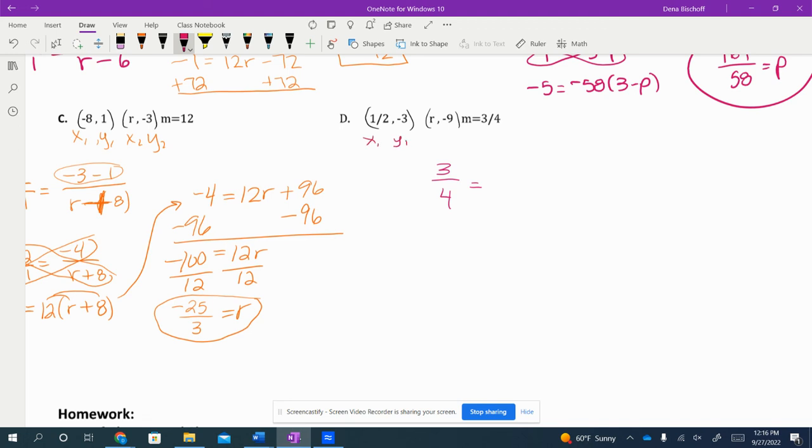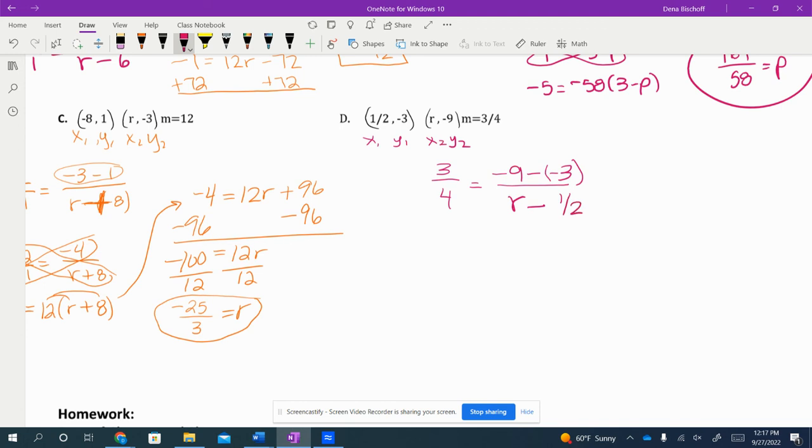X1, Y1, X2, Y2. So our slope is 3/4. 3/4 equals, go. Negative 9 minus, yeah, minus negative 3. Cool. And then you do R minus 1 minus 1/2.